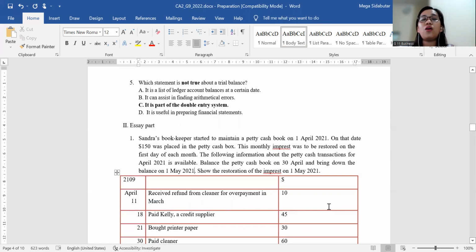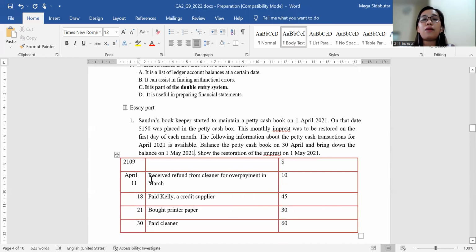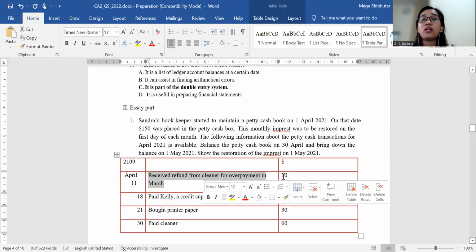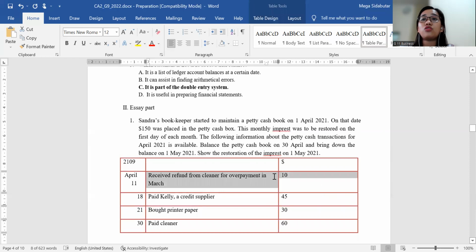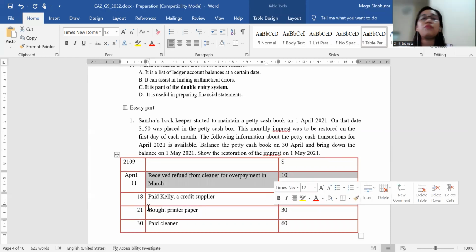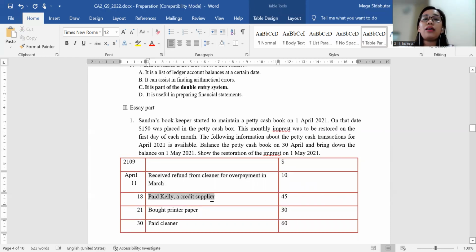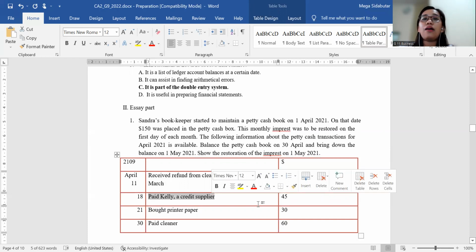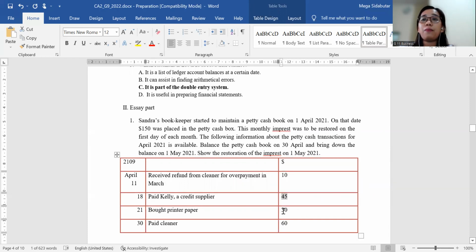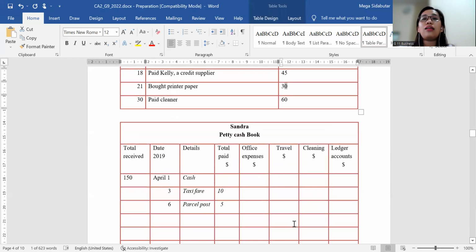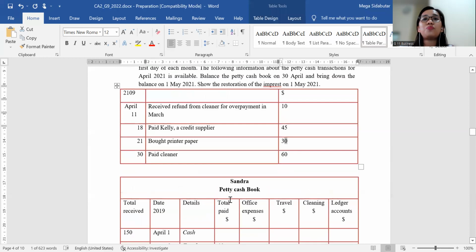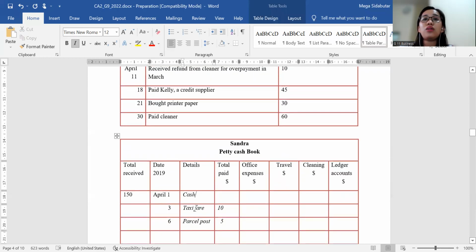So here are all the transactions. On April 1st, received refund from cleaners of overpayment, 10. So this will be the receipt column. Number 18, pay Kelly, a credit supplier, 45; board printer paper, 30; and paid cleaner, 60. Here I already gave you the question.